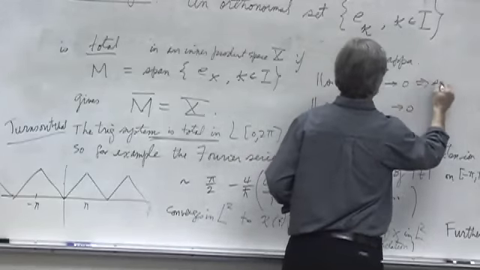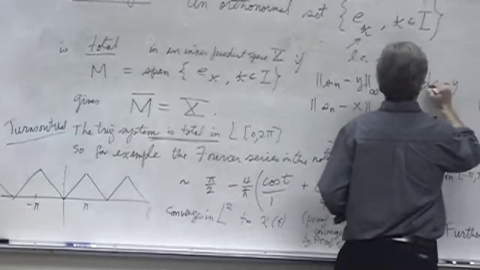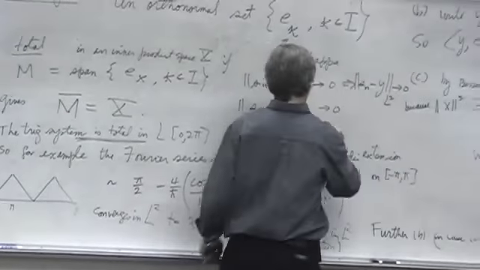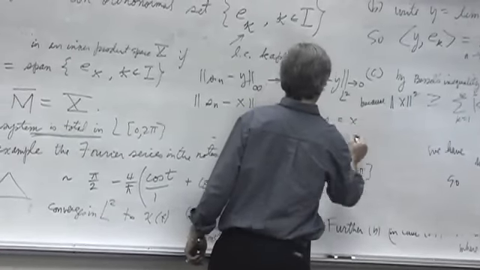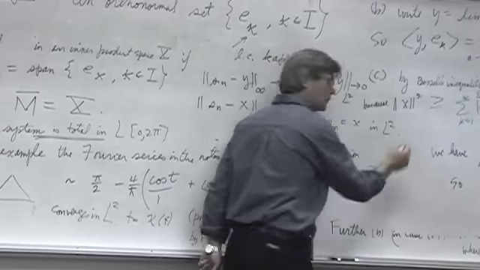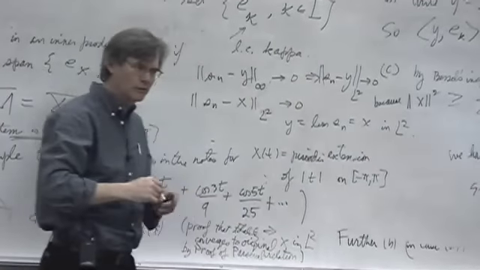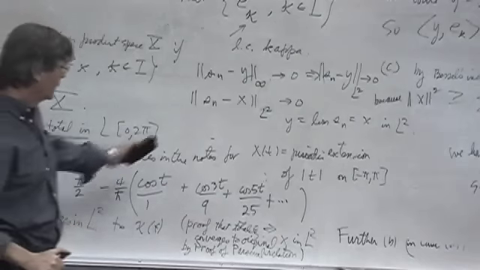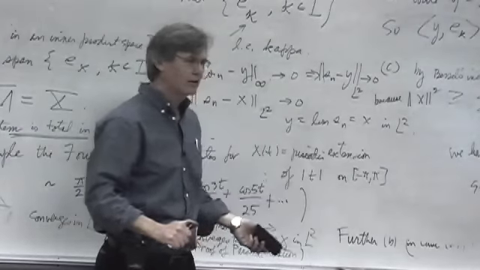This implies that Sn minus y in L2 goes to 0. So you have y equals limit Sn equals x in L2. You have two different things potentially which have the same L2 limit. So that means y equals x in L2.